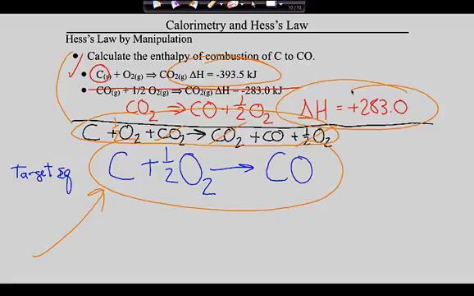So we go negative 393.5 and we add 283, and we now know that the delta H for this reaction is negative 110.5 kilojoules. That is the process through manipulation. You'll see both.